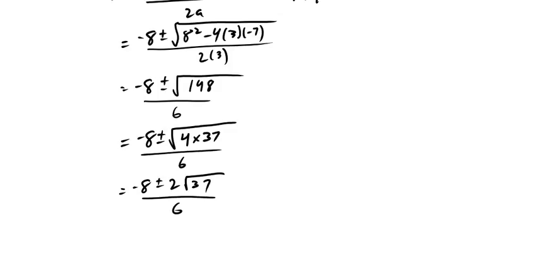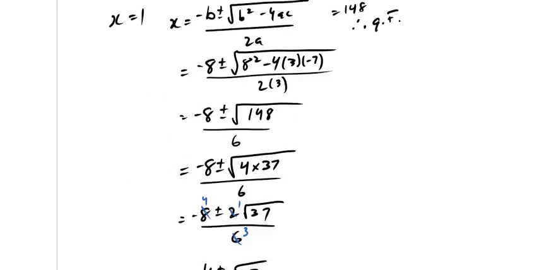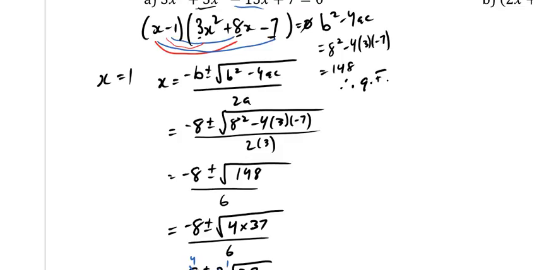So I can divide 2 out of all of them. So that's going to be 4, that's going to be 1, and that's going to be 3. And I end up with negative 4 plus or minus square root of 37 over 3. So that's two possible solutions. And then don't forget about that other one that we did earlier, x can be 1.